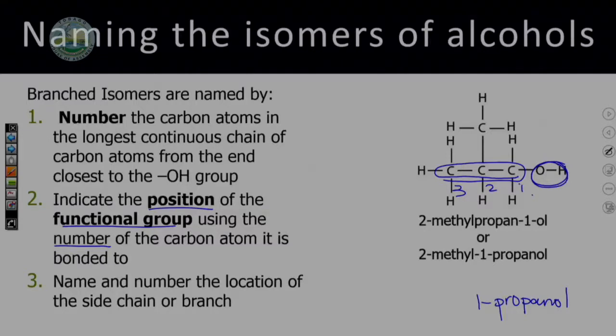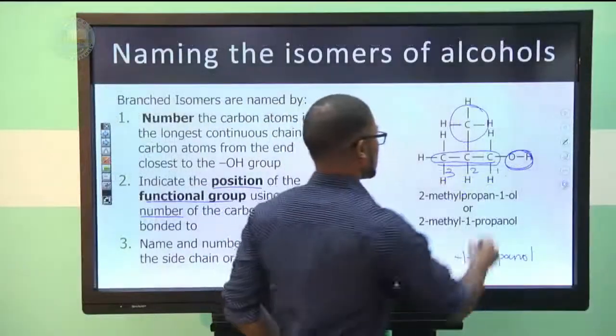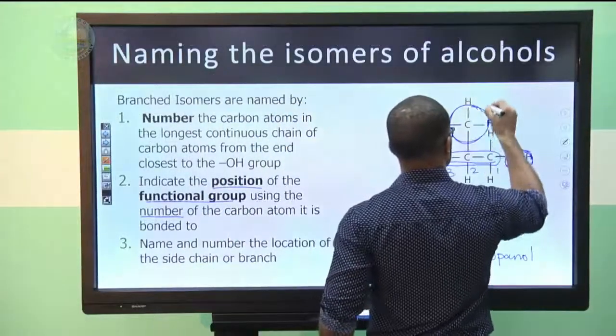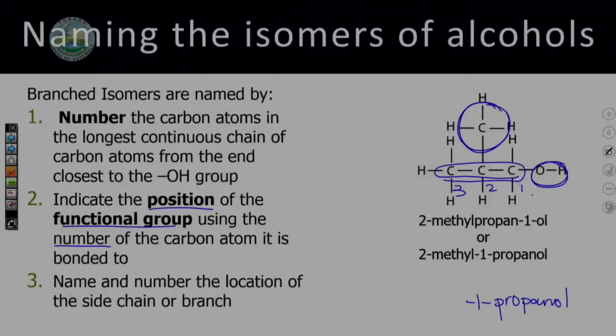And then we are going to add the branch. So the branch is located here. So what we will call this branch, since it has 1 carbon, and we are looking at the rules we have learned before, branches with 1 carbon, we refer to them as being methyl.